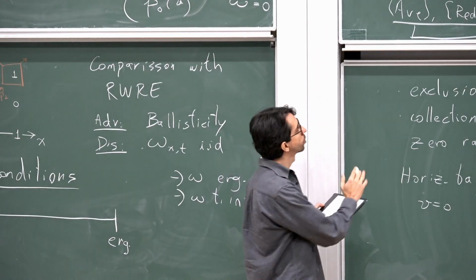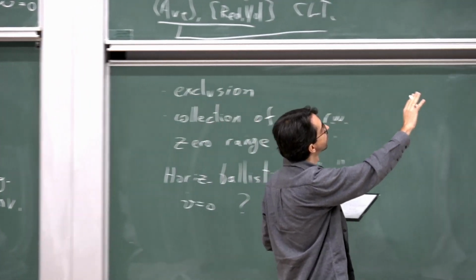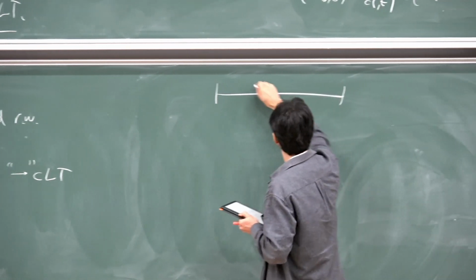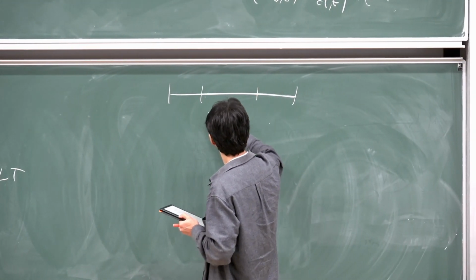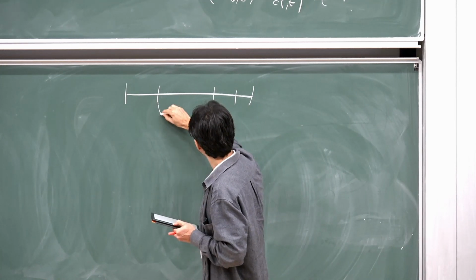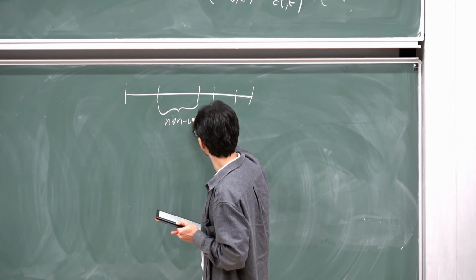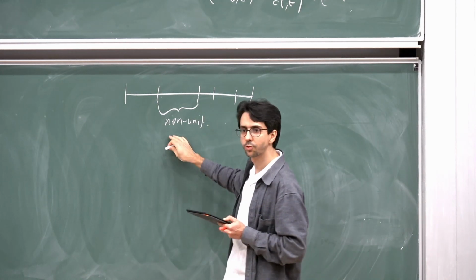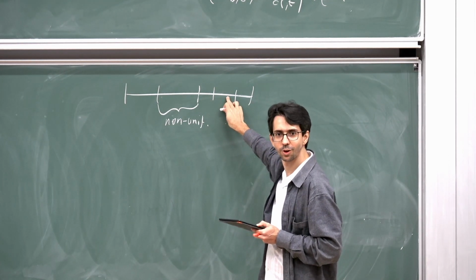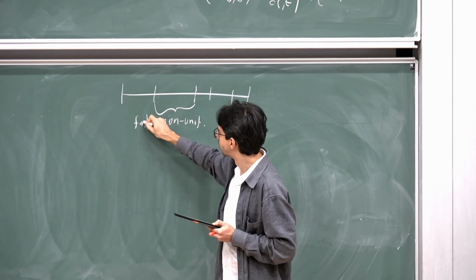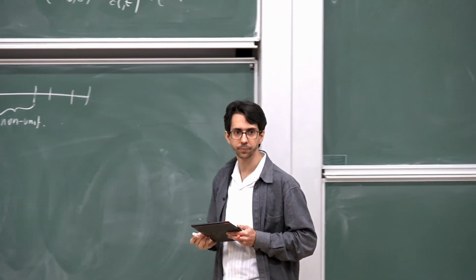But I'm not going to focus this talk about that extreme of the mixing line. What I'm going to focus today is on this region that I call non-uniform mixing. Okay, of course, this is non-uniform mixing as well, but let's say fast but non-uniform mixing.